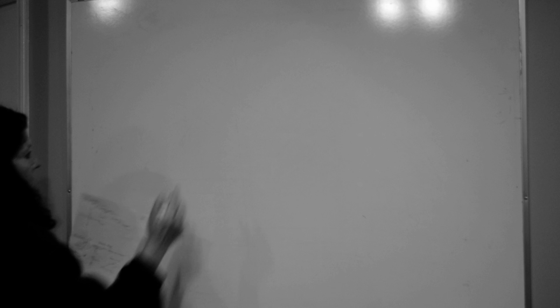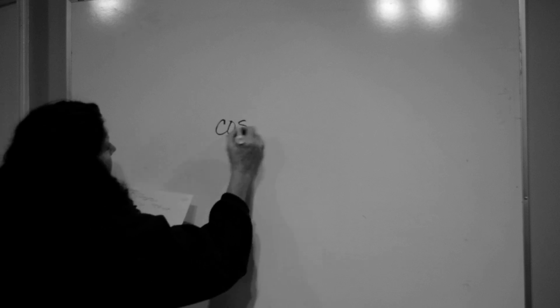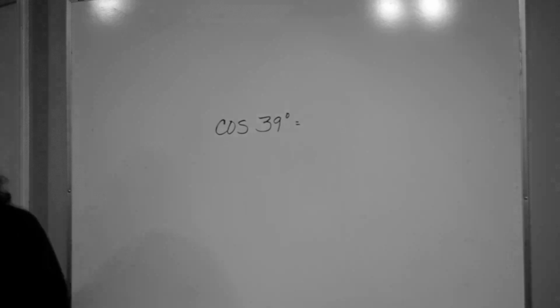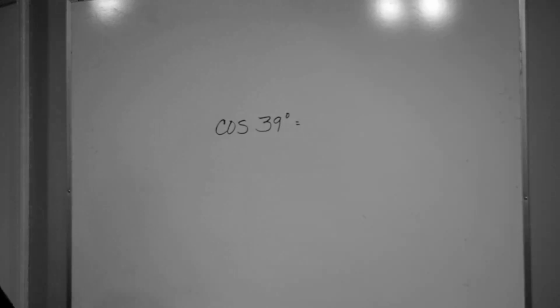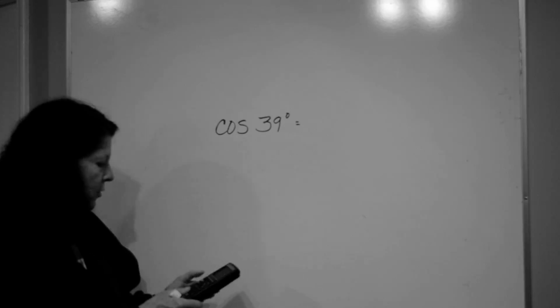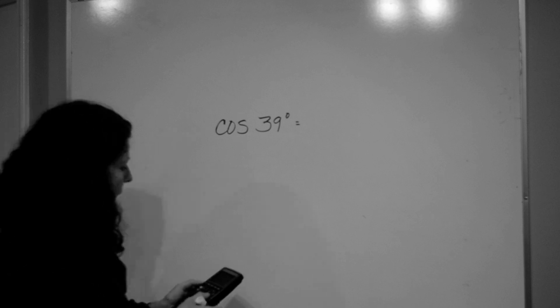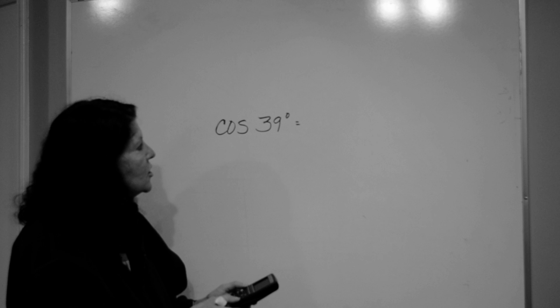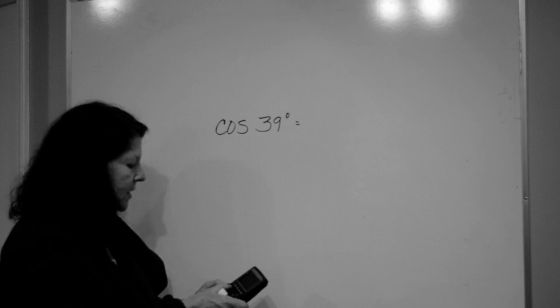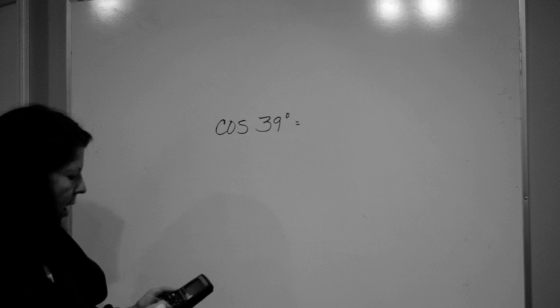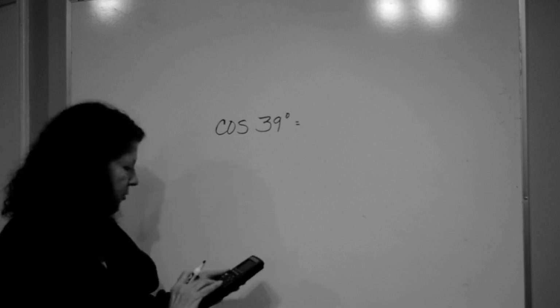So let's say they give you something like this. The cosine of 39 degrees. All I have to do is pick up my calculator. Now it would be most helpful if you make sure it's in the right mode. So if you go to mode, go to the third one down, make sure that it's in degrees. Then you can go second quit to get out of that after you've selected degrees. Once you have it in degrees, you don't have to change it again.